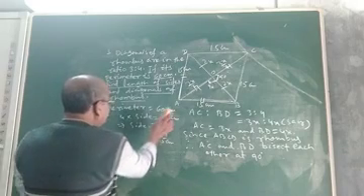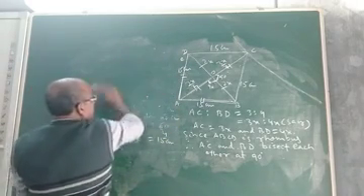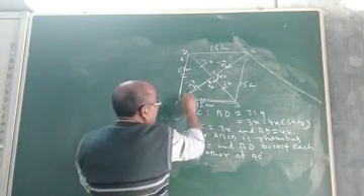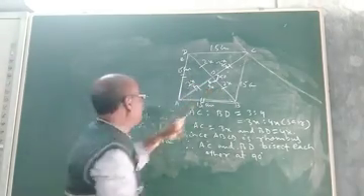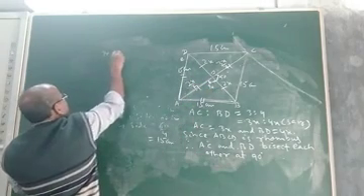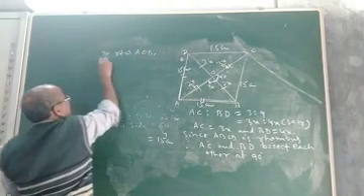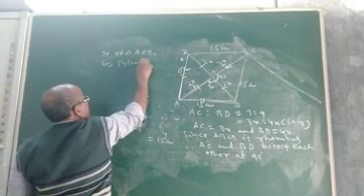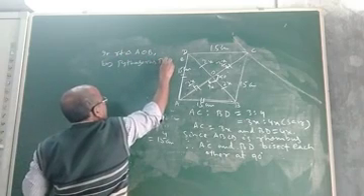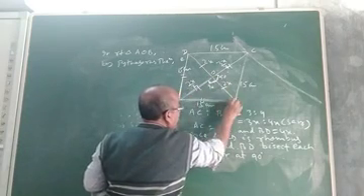Okay, so let us see. Now, what will be our next step? As AOB is a right angle triangle, apply Pythagoras theorem. So in right triangle AOB, by Pythagoras theorem, this angle is 90 degrees, so this is the hypotenuse.